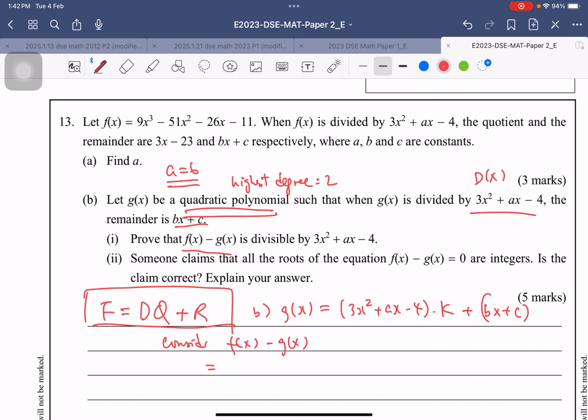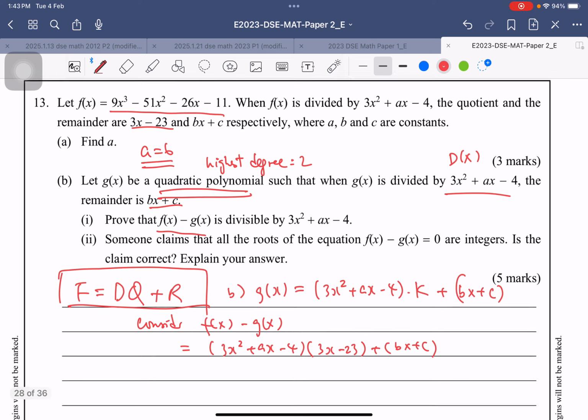So what we have is, I don't need to use this, isn't it? Because the f(x) can be written as 3x squared plus ax minus 4 times the quotient. The quotient is this, 3x minus 23. And then you can plus bx plus c.